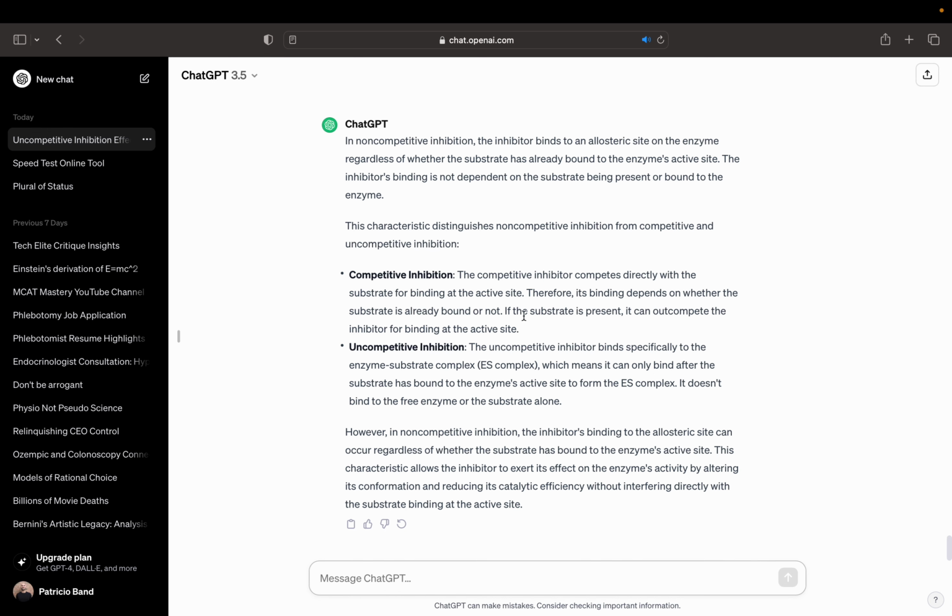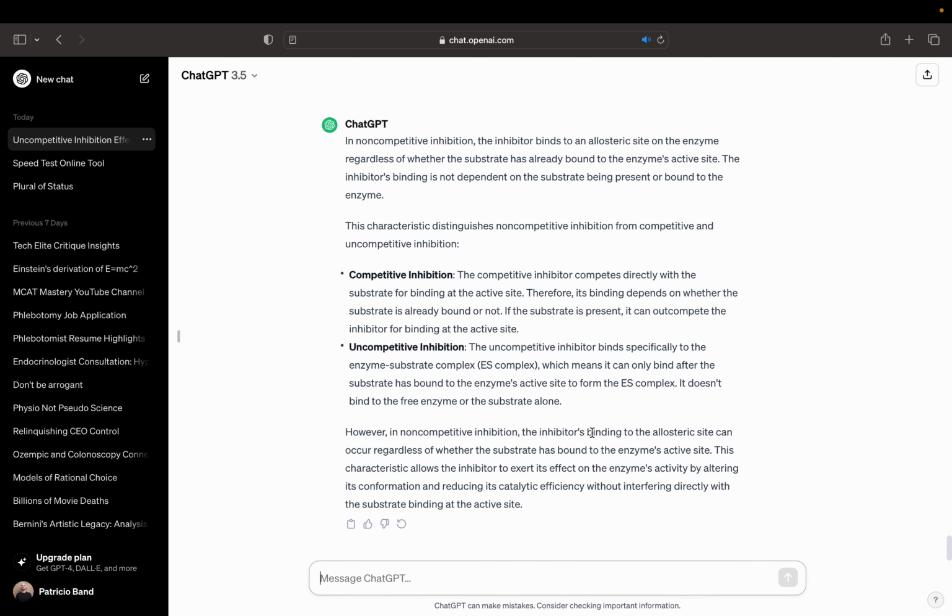Therefore, its binding depends on whether the substrate is already bound or not. If the substrate is present, it can outcompete the inhibitor for binding at the active site. Also for uncompetitive, it specifically binds to the ES complex, which means it can only bind after the substrate is bound to the enzyme's active site to form the ES complex. It doesn't bind to the free enzyme or the substrate alone.